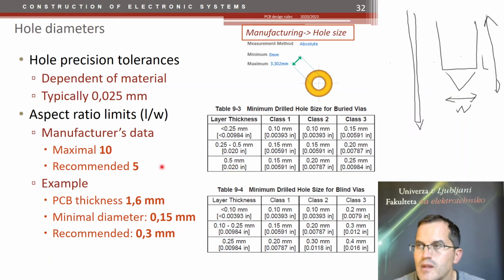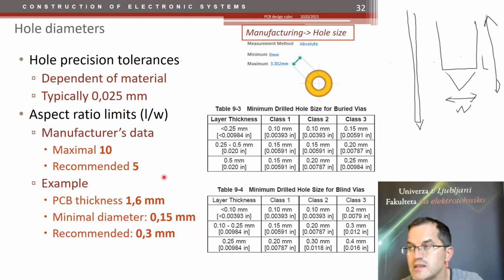So this ratio is maximum 10, maybe 12, recommended 5. Recommended means that you will have no problem with these holes. So the ratio between length and width of the holes is limited.